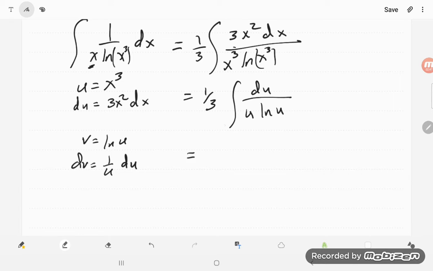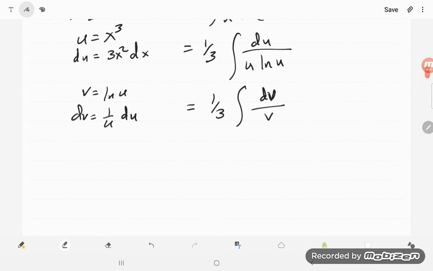And so that ends up getting me 1/3, and I have my 1 over u du, so that's just dv, and v, because log of u is v. So that's just v to the -1. I can do that antiderivative.